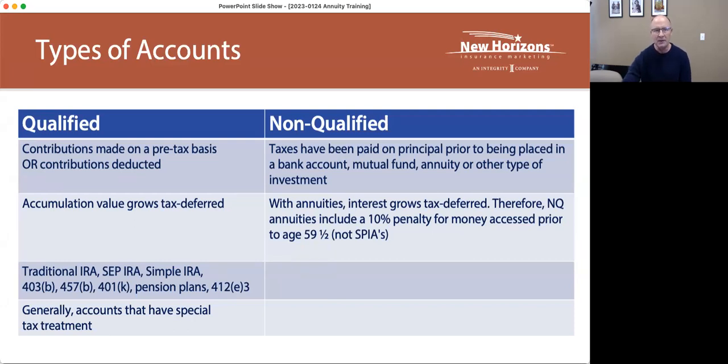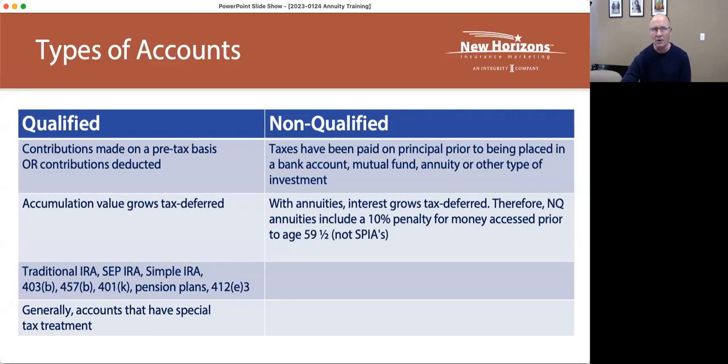Qualified money is pre-tax money. It's like your 401ks. It's money that has never, ever been taxed by Uncle Sam. So at some point, they're going to want to tax that money, which we'll get to on another term here in a minute.